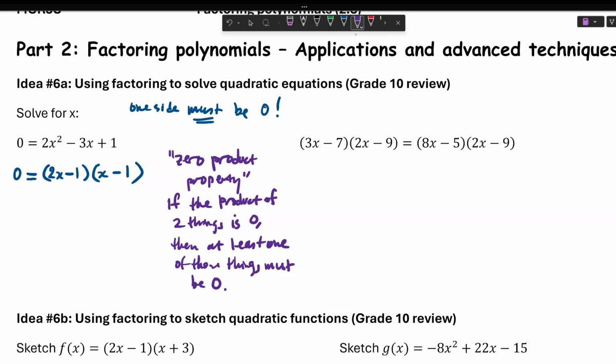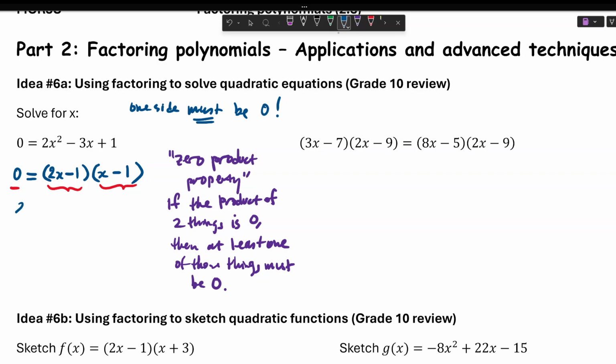If you think about that logically, okay, what if the other side isn't 0 and you try to solve when those things are 0? Well, 0 times anything is 0, so that wouldn't work. Also, if both things are not 0, then you can't multiply them together to get a 0, so that wouldn't work. So therefore, since this side is 0, we know that either this one could be 0 or maybe this one could be 0.